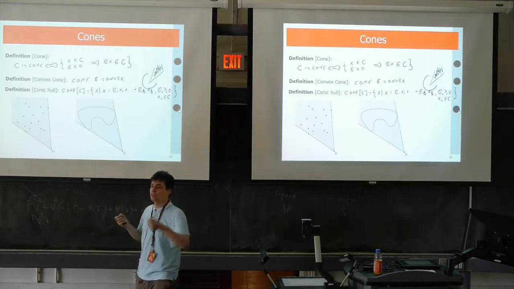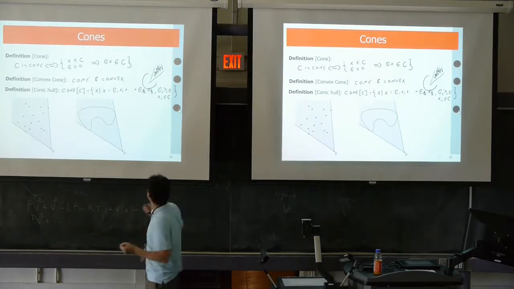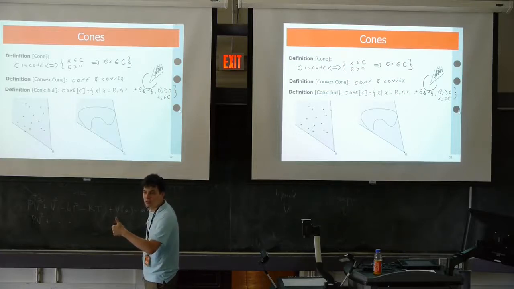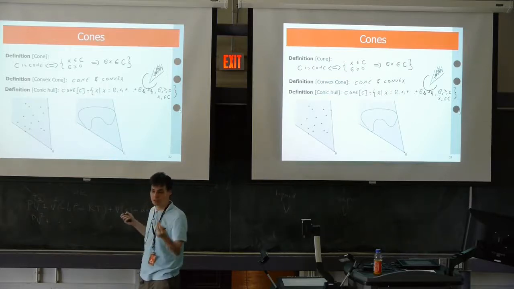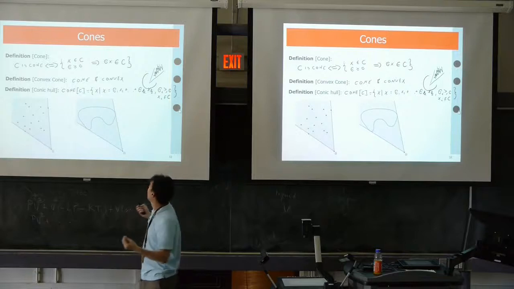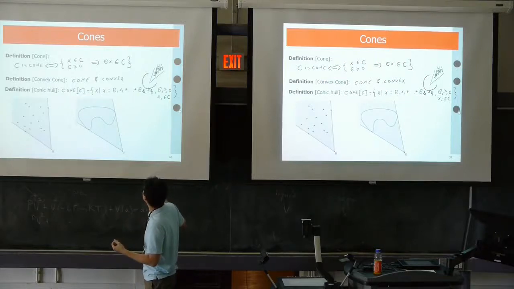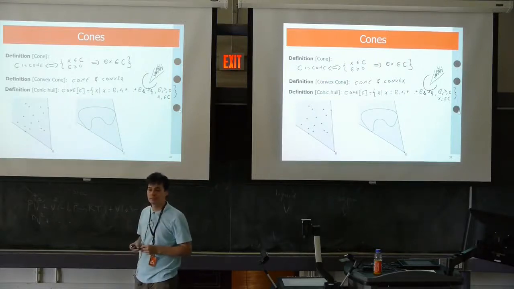So the difference is: with an affine combination, we needed that the sum is 1. With a convex combination, we needed that the sum is 1 and the coefficients are non-negative. With a conic combination, all we want is that these coefficients are non-negative.